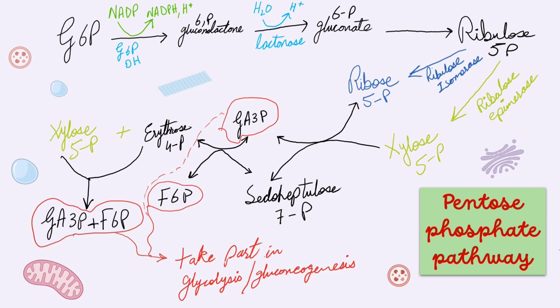And then this erythrose 4-phosphate can react with xylulose 5-phosphate to produce fructose 6-phosphate and glyceraldehyde 3-phosphate. So GA3P and F6P are the intermediary compounds over here, if you recall glycolysis or gluconeogenesis.